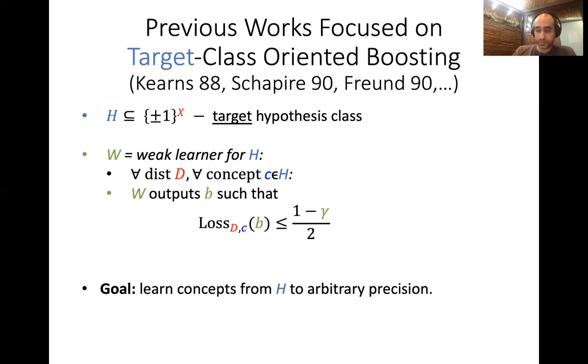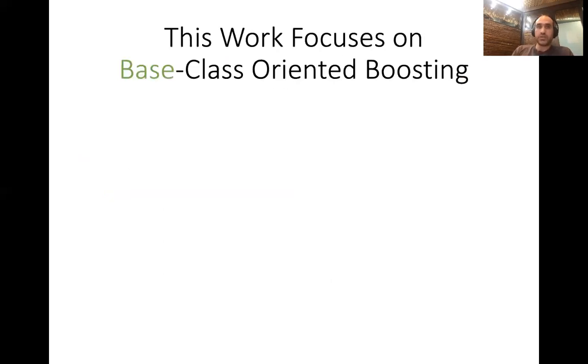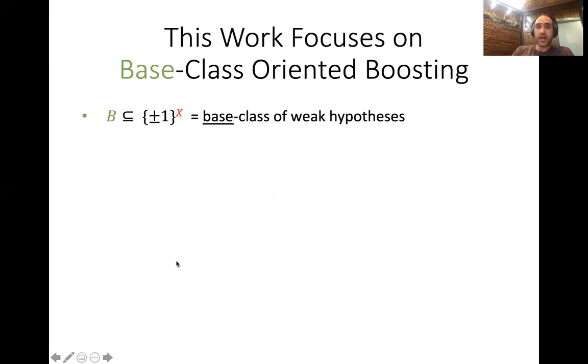The perspective of this paper, of our work, is different. How is it different? So we assume a base class B of weak hypotheses, which we think of as a simple class. So each hypothesis in the class is computationally bounded. It's some simple object, a simple classifier.